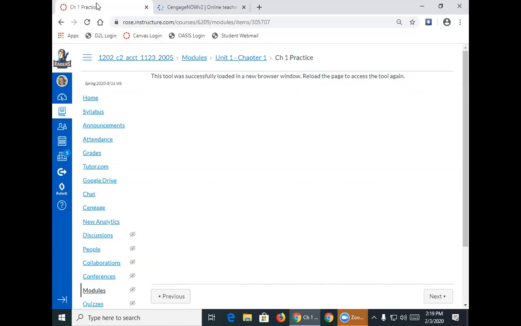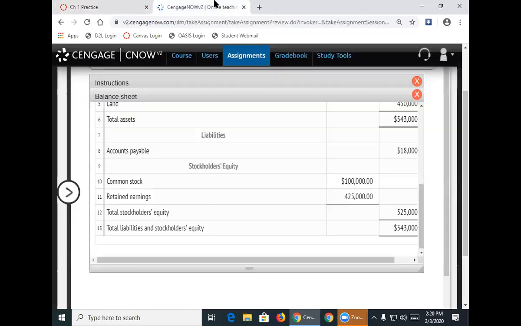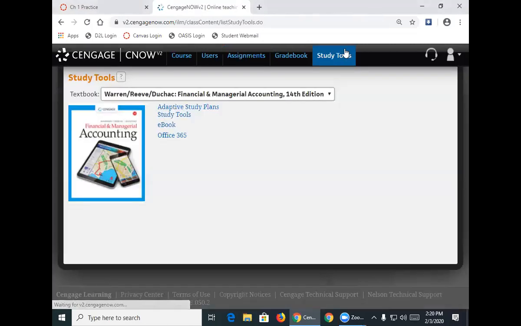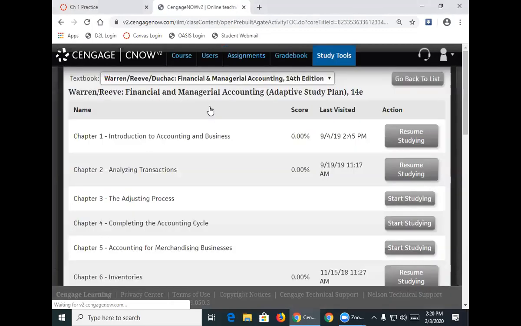So, things to go over and review. A good way to review is to do that adaptive study plan again, the one we did before class started. You can get to that in Cengage. Just let me show you real quick. If I'm logged into Cengage and I click on Study Tools, that very top link, Adaptive Study Plans, I can go to Chapter 1.